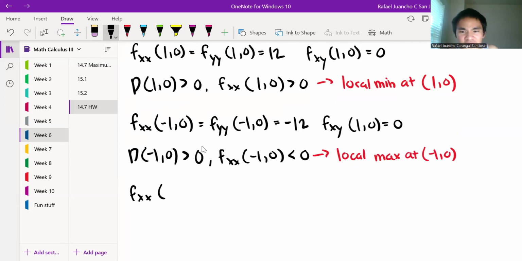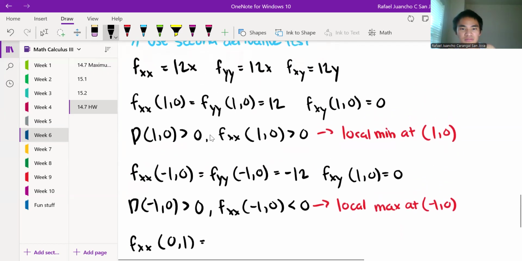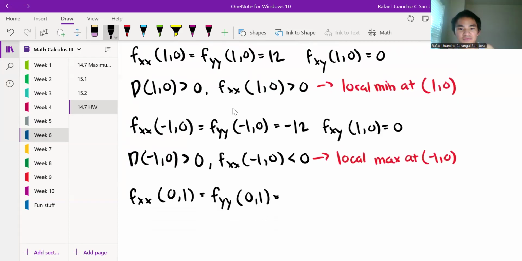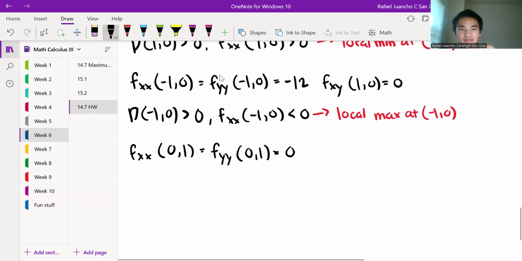Then lastly, we check. We have like a couple more actually. So here I do, I think this was 0, 1, right? Well, this is also equal to my fyy. Here I both get a 0, right? Now here comes the interesting part. 0, 1. 0 times 0, that's 0.